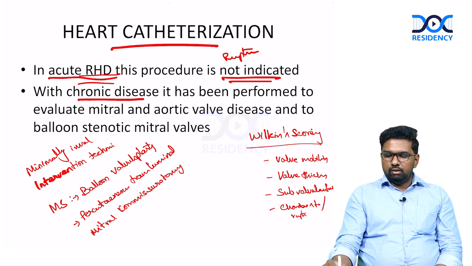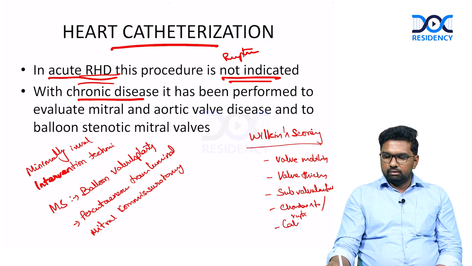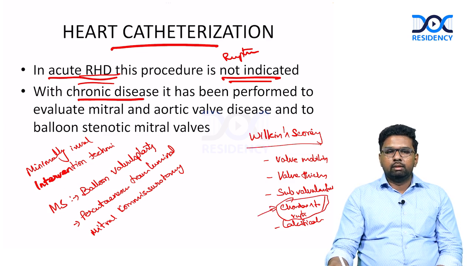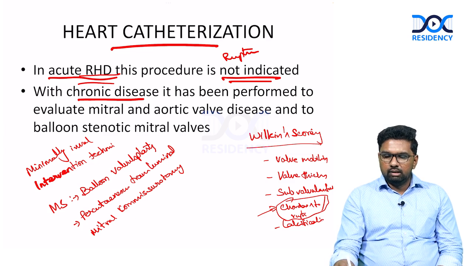Based on all these, and also calcification, if the chordae are ruptured, you should go for replacement only. We have no other options. But in case of other criteria, we can go for repair also.